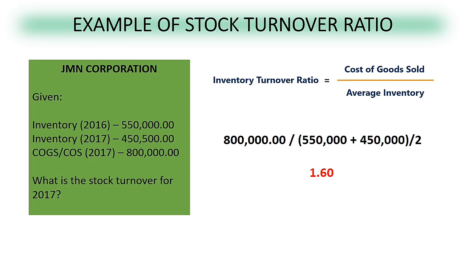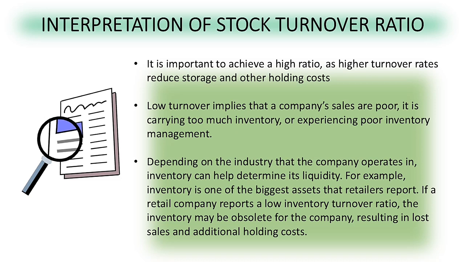Now ano ang ibig sabihin ng computed value na 1.60? So to better understand the interpretation of this computed value, let me present to you kung paano nga ba ini-interpret ang result ng inventory turnover. Now, to interpret the computed stock or inventory turnover ratio, you need to remember the following. Number 1, inventory turnover ratio is an efficiency ratio that measures how well a company can manage its inventory.